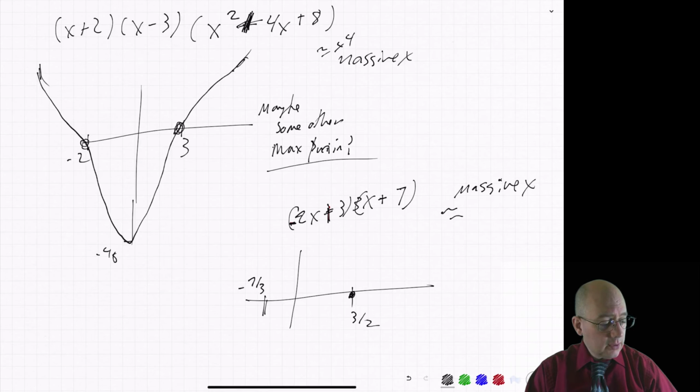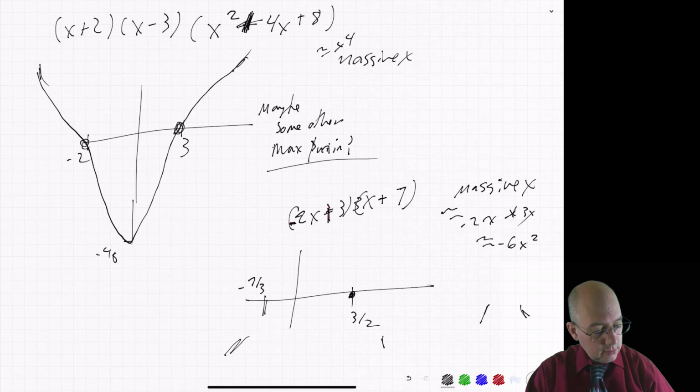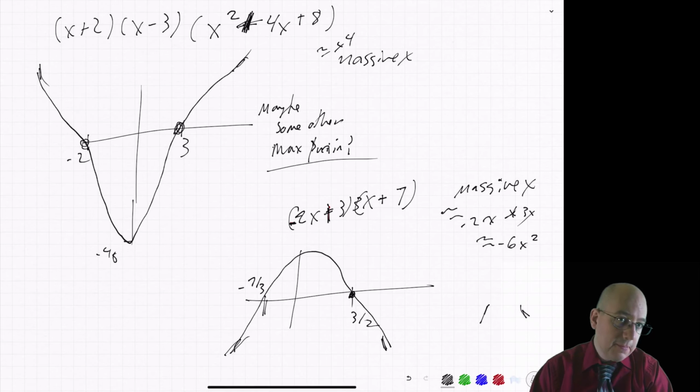You know, what do we got? We got minus 2x times 3x, or about minus 6x squared. So it's going to be an upside down parabola, like so, and like that, right? And so that's just how I think.